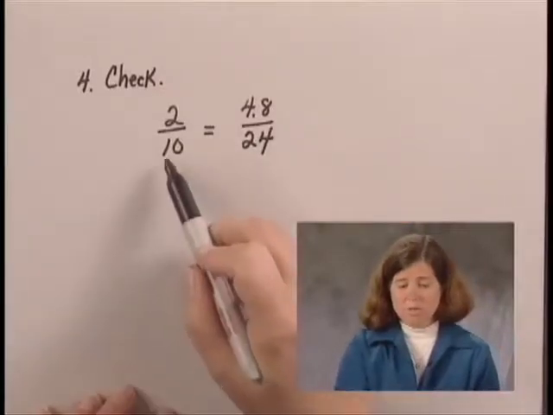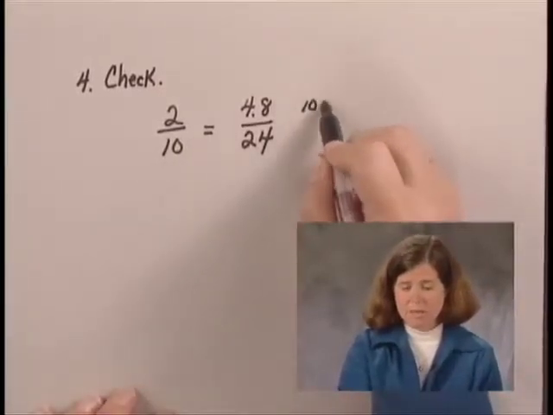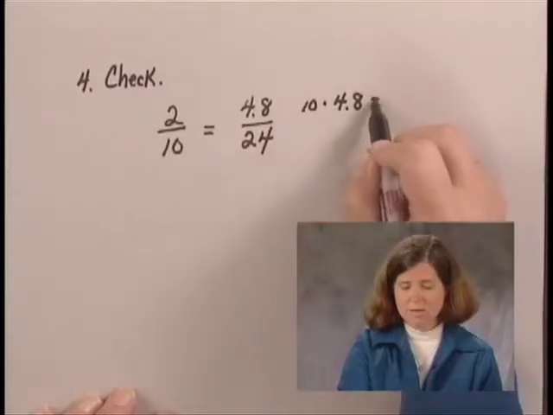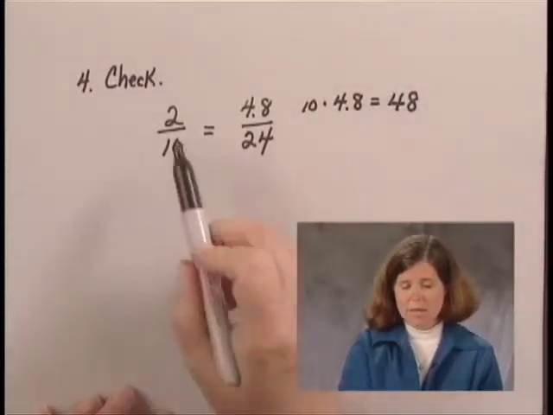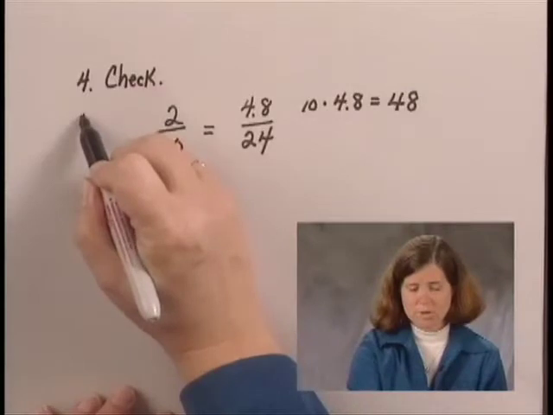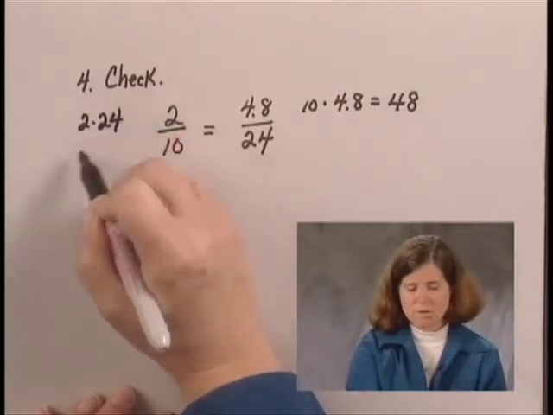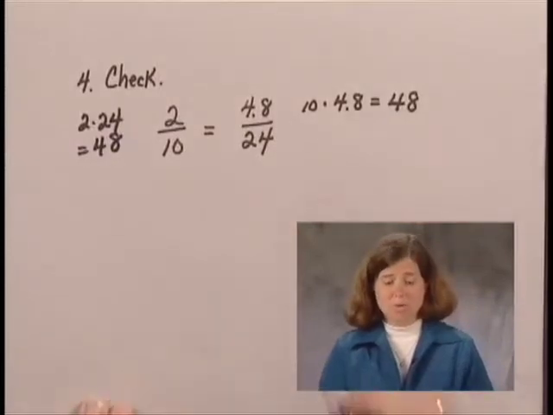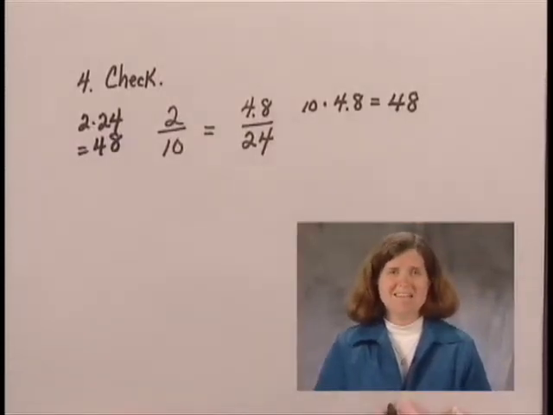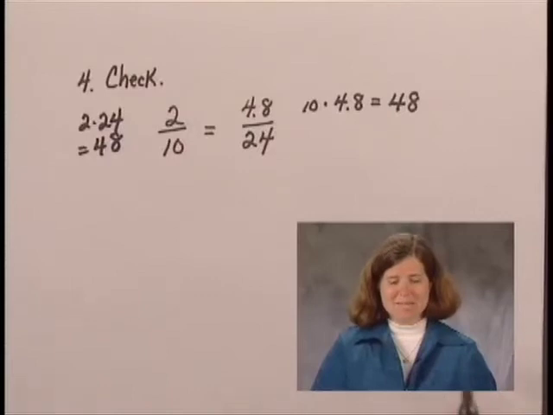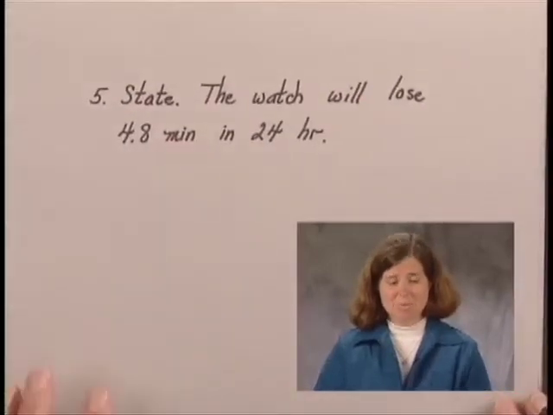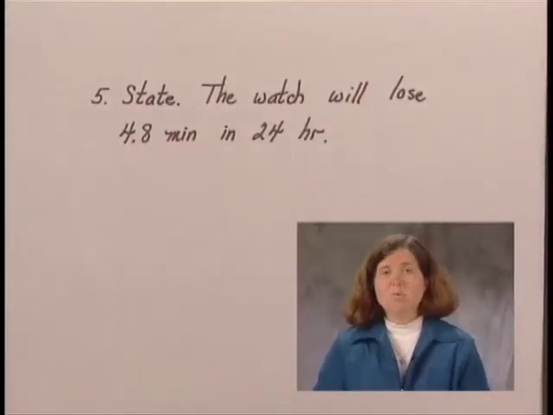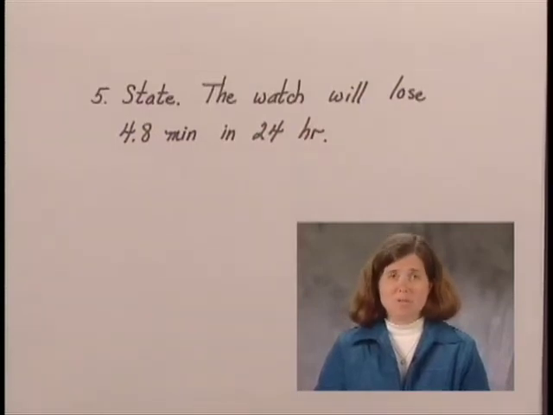Equating cross products, we have 10 times 4.8, which is 48, and we have 2 times 24, which is 48. Since the cross products are equal, 4.8 checks. And we can state our answer in a complete sentence as the last step in the process. The watch will lose 4.8 minutes in 24 hours.